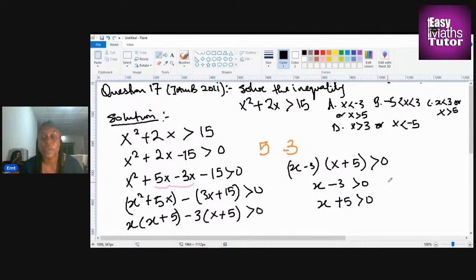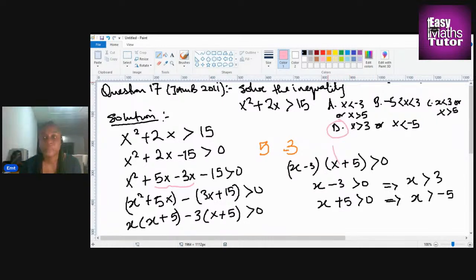X minus 3 greater than 0 leads us to x greater than 3. X plus 5 greater than 0 leads us to x greater than minus 5. So these are the options. Our answer is x greater than 3 or x greater than minus 5. So I think our correct option will be option D, right?